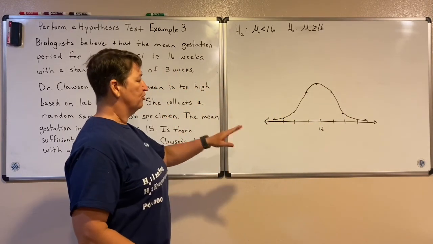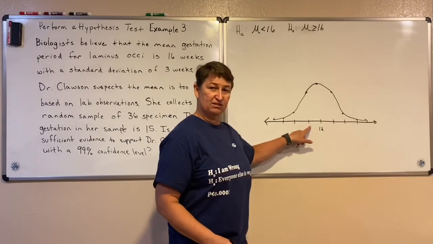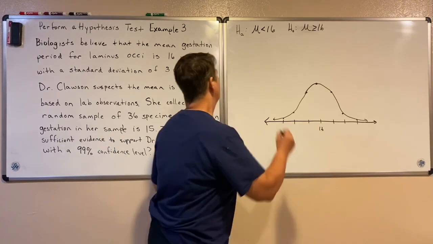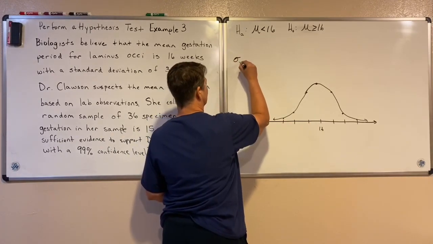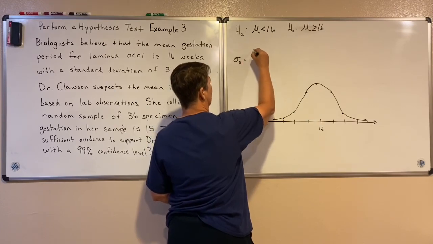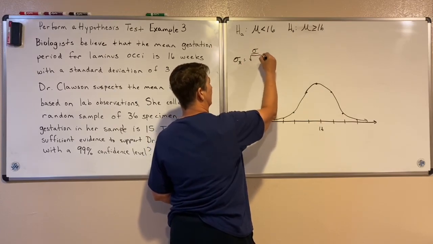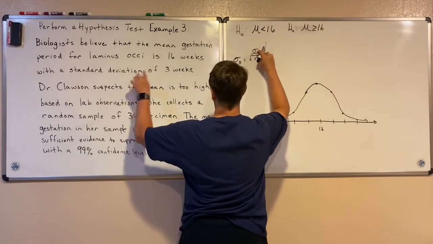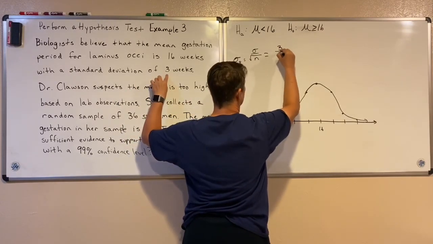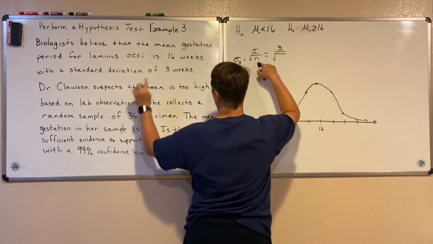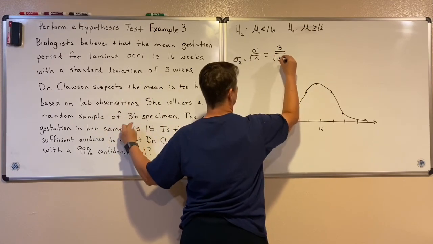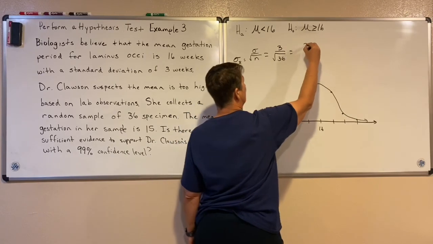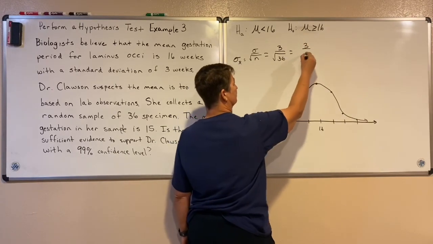Then we also know the standard deviation for that sampling distribution. The standard deviation for my sampling distribution is equal to the standard deviation of my population divided by the square root of my sample size. So the standard deviation of my population was 3 weeks. The sample size was 36. So 3 divided by the square root of 36, which is 6.